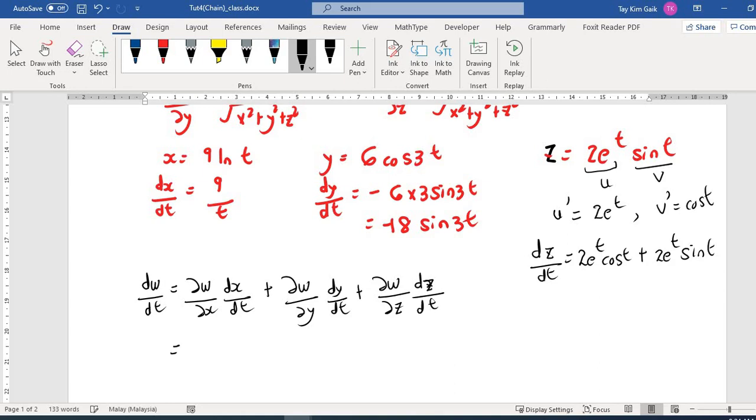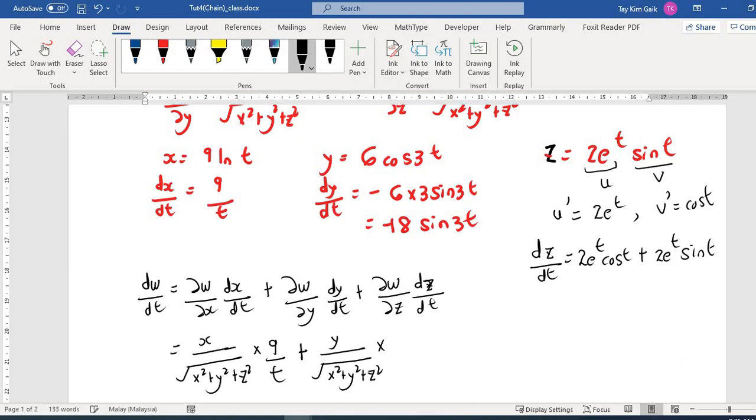∂w/∂x, you have x over square root of x squared plus y squared plus z squared. dx/dt here is 9 over t. ∂w/∂y is y over square root x squared plus y squared plus z squared.